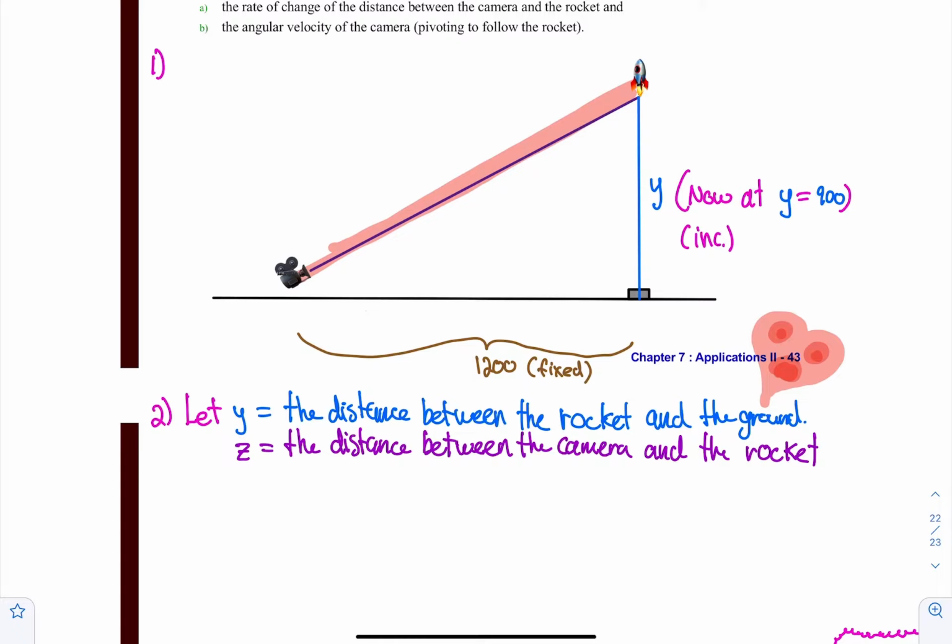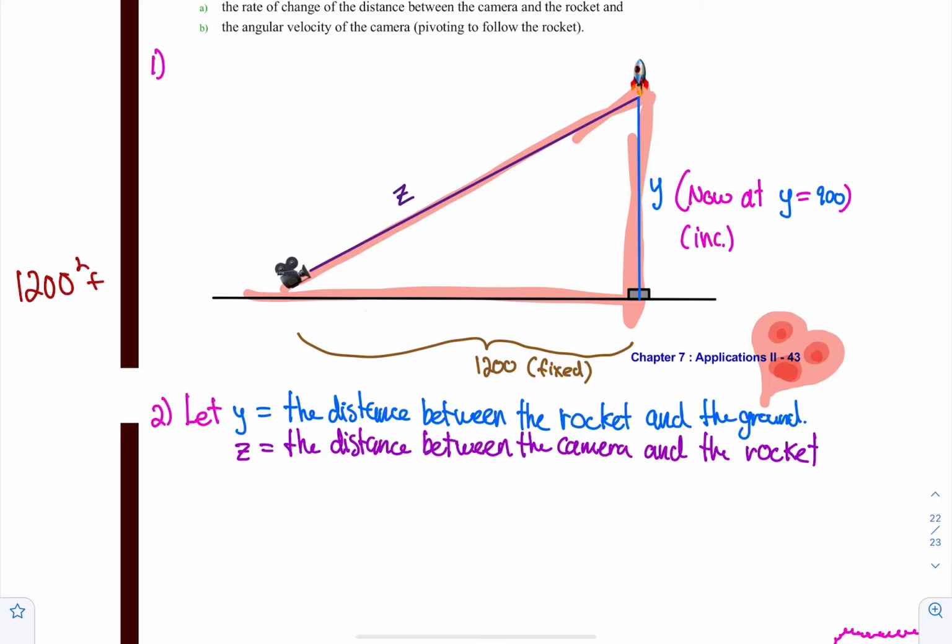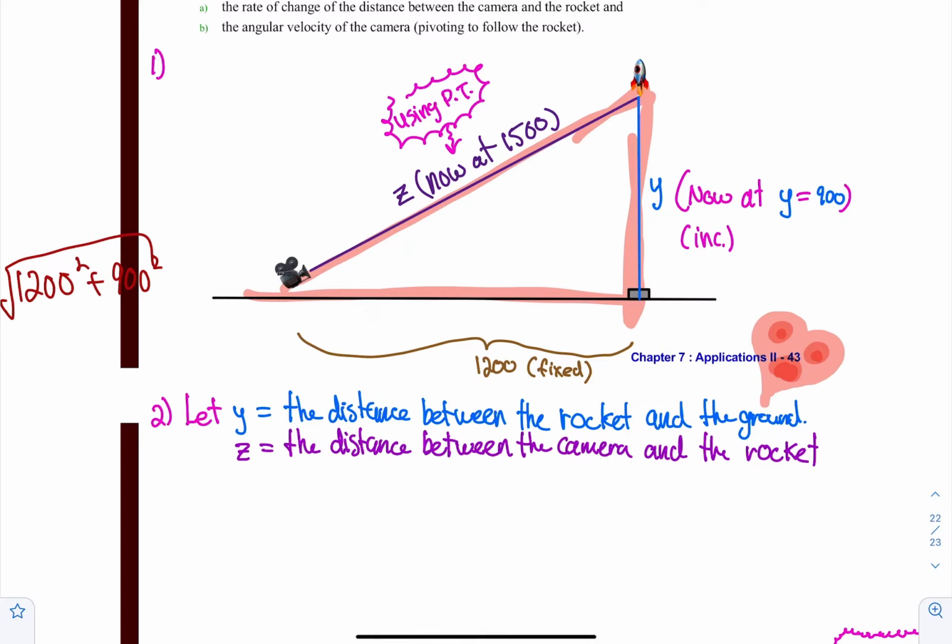On my picture, z is that quantity right here. Do we know that quantity? Well, it's not given at this point, but you can see that z is the hypotenuse of a right triangle. Whoa, what a surprise. By using Pythagoras' theorem, you can compute the square root of 1,200 squared plus 900 squared. I'll let you do that as an exercise, but right now the value is 1,500.